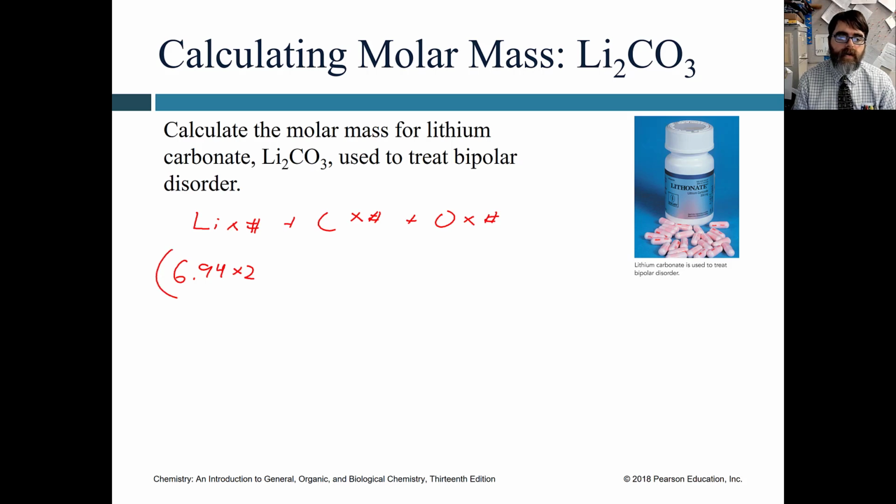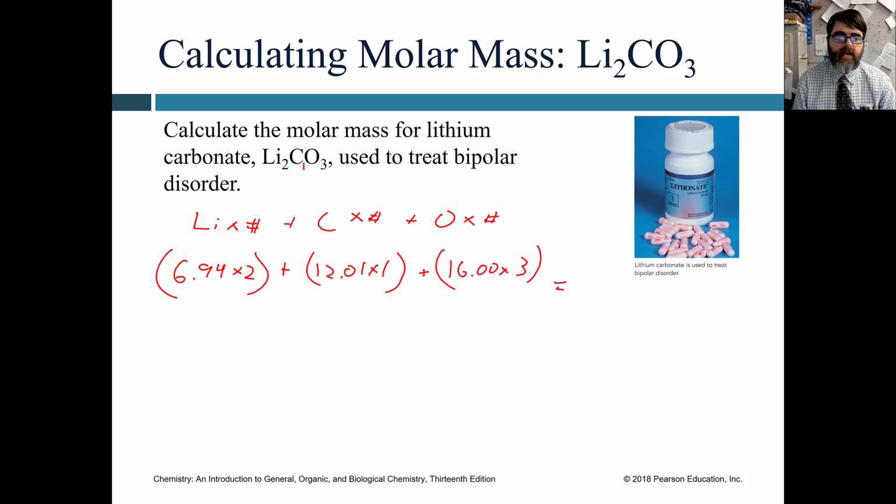And frequently I'll lock these in with parentheses just so I can know that I have that. Now I know that 12.01 times 1 is going to give me 12.01. But I write that down so that I don't forget to make sure that I have multiplied by the subscript on all of these. It just helps me check and make sure that I've set up the problem correctly. And so there's our setup.